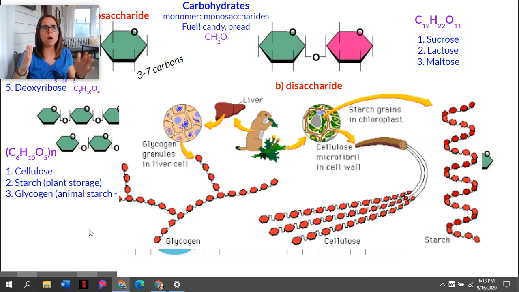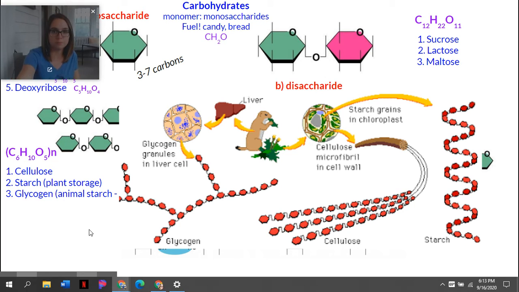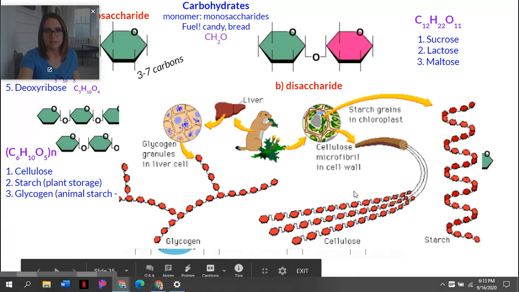It's like a wall, like a cell wall. And starch forms this zigzag pattern in the plant cell, like the potato roots of the plant. And so polysaccharides can be super long, made up of thousands or millions of simple sugars. All right.